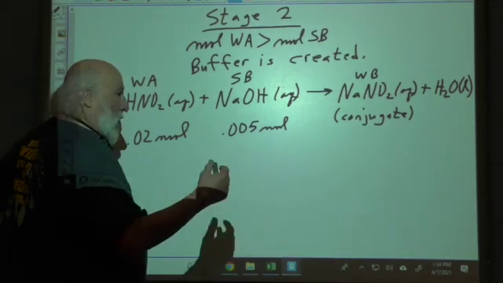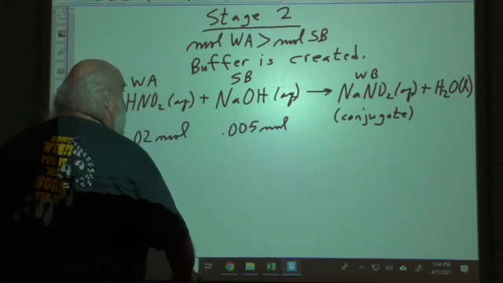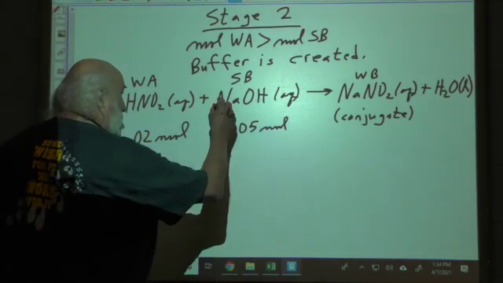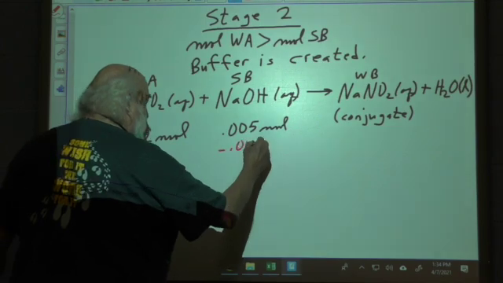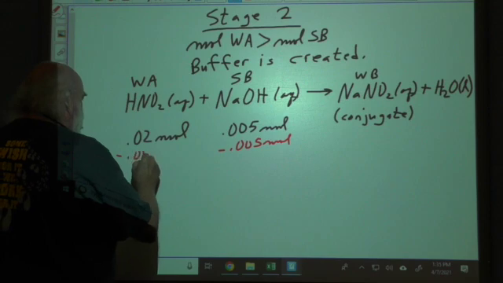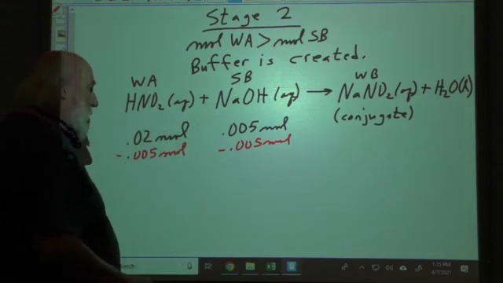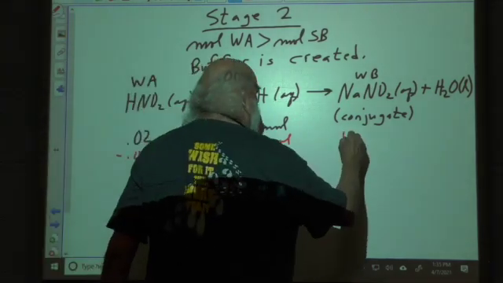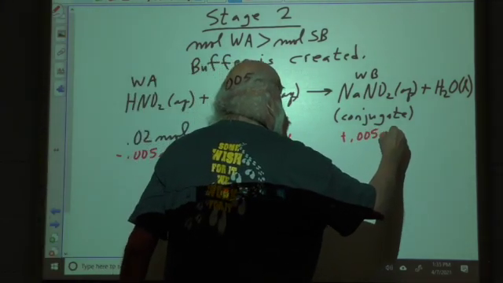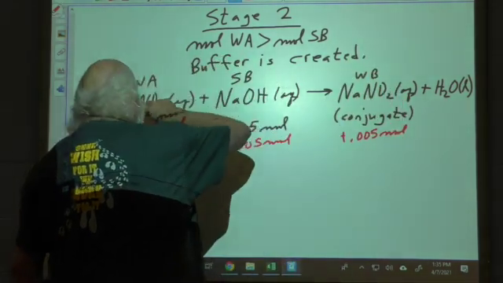Now, just like the strong acid, strong base titration, this is the smaller of the two quantities. So that strong base gets completely eaten up. And it's going to subtract 0.005 from both components of the left-hand side of the reaction, and it's going to add 0.005 moles of the new weak base, which is the conjugate of the weak acid.